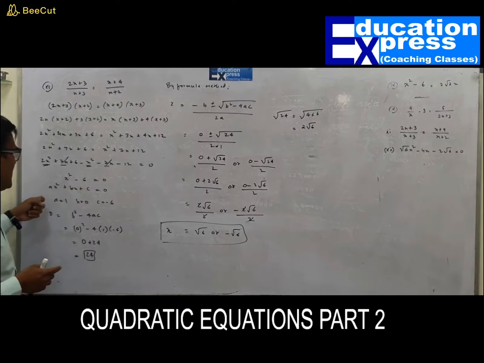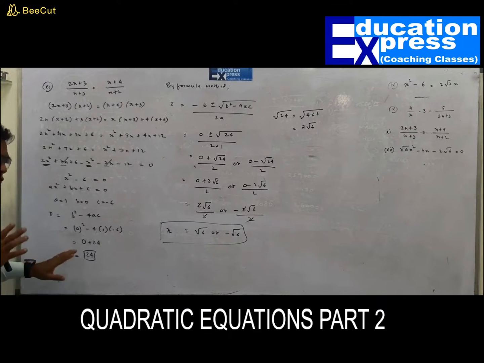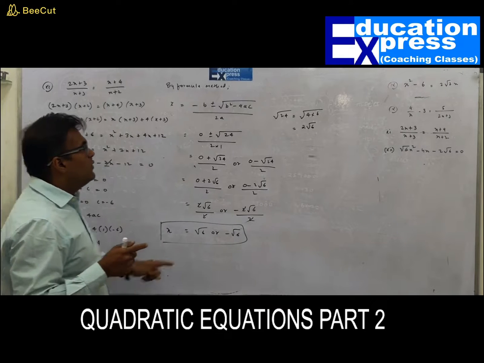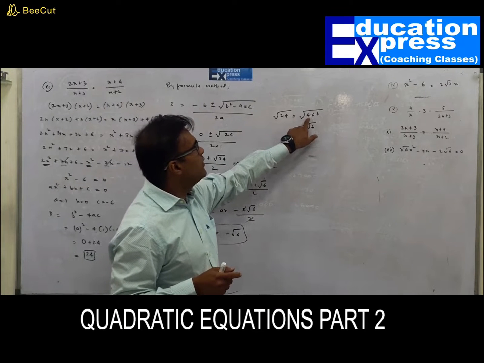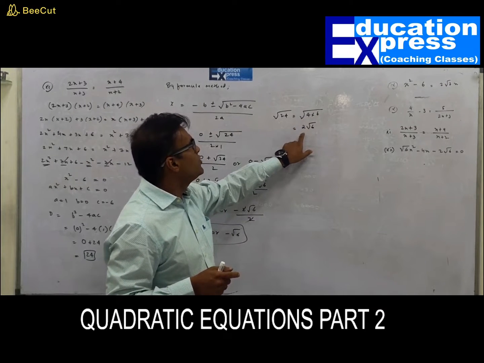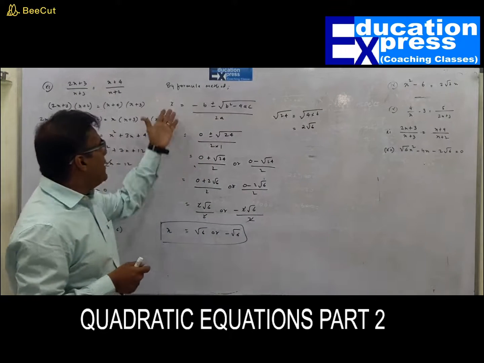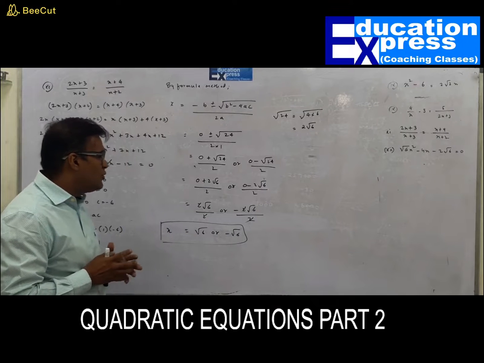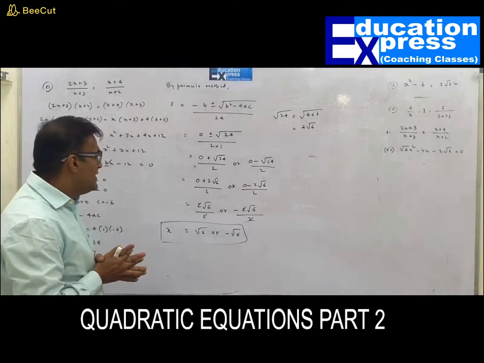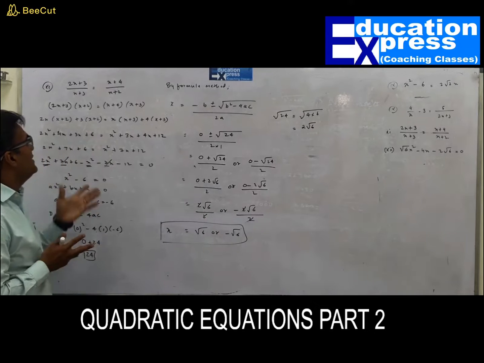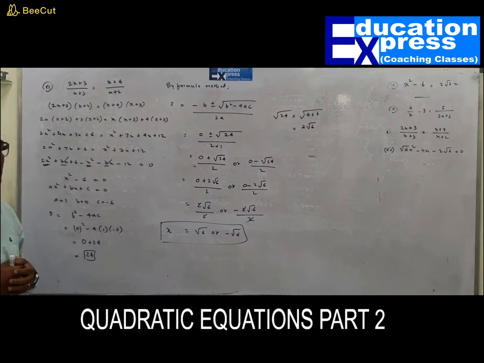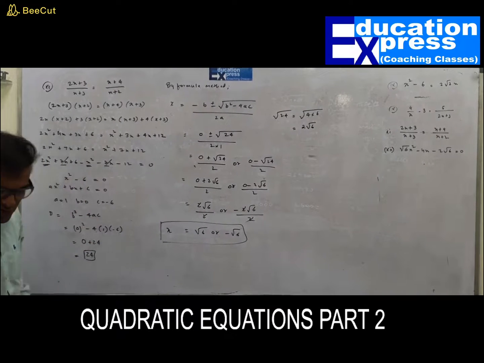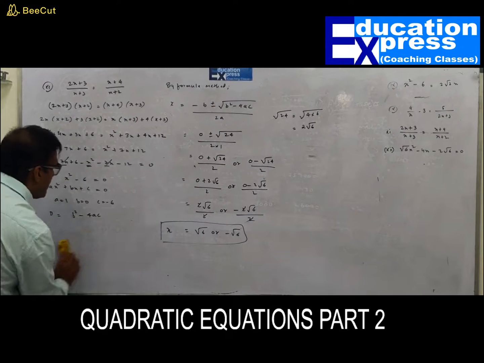Since we have the values of a, b and c, we can find the discriminant, which is 24. 24 is not a perfect square, so you have to simplify root 24 as root of 4 times 6; the square root of 4 is 2, so 2 root 6. Applying the formula, substituting the necessary values, we got the value of x as root 6 or minus root 6. With this, questions like this can be solved very easily. Same exercise, last question, question number 12.